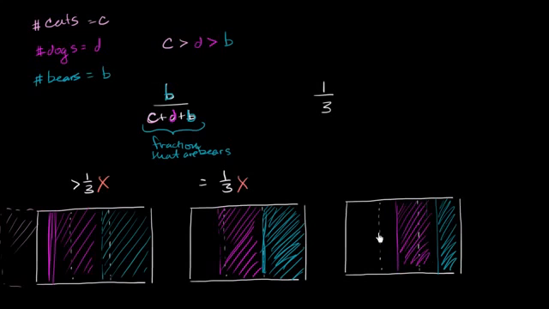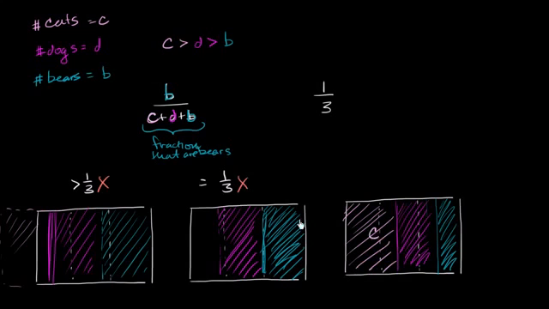Then you could make a scenario where you have the largest proportion of cats. So this right over here is our cats. So this is completely believable.